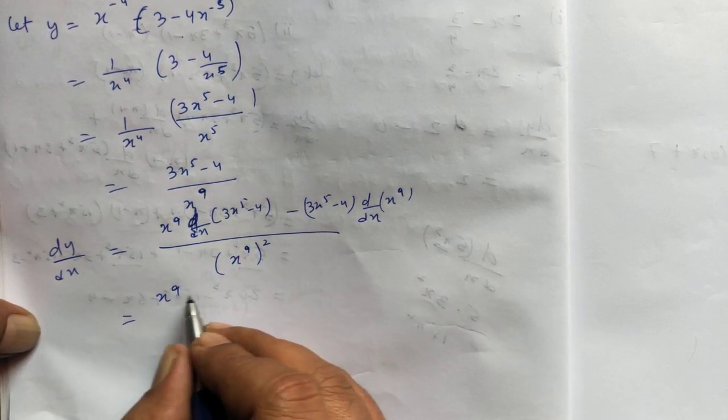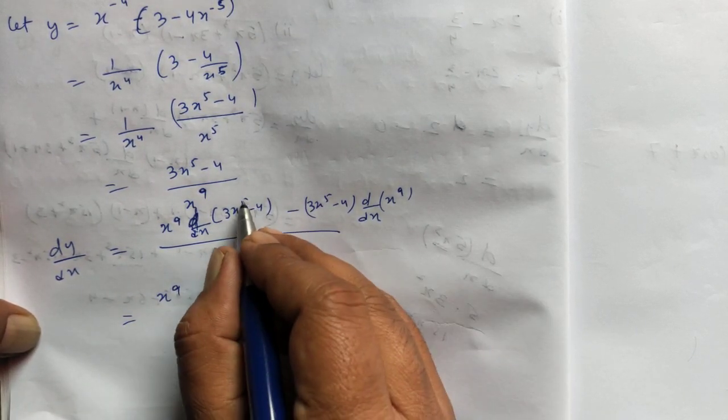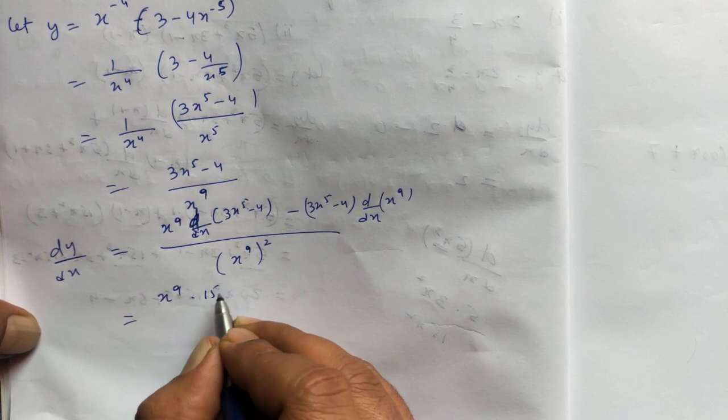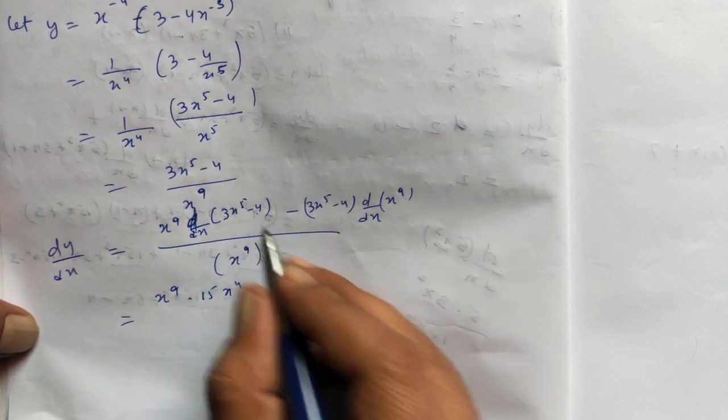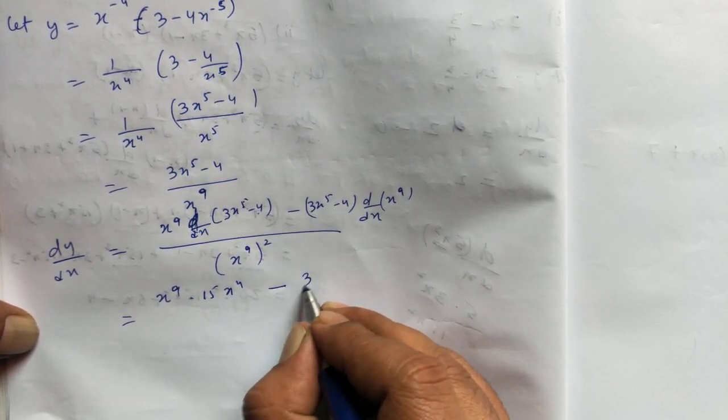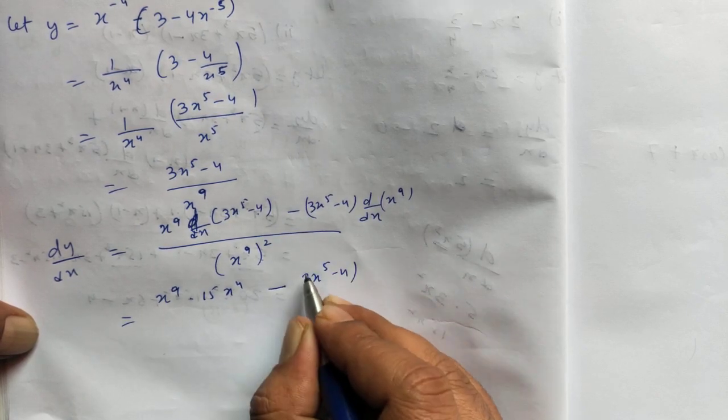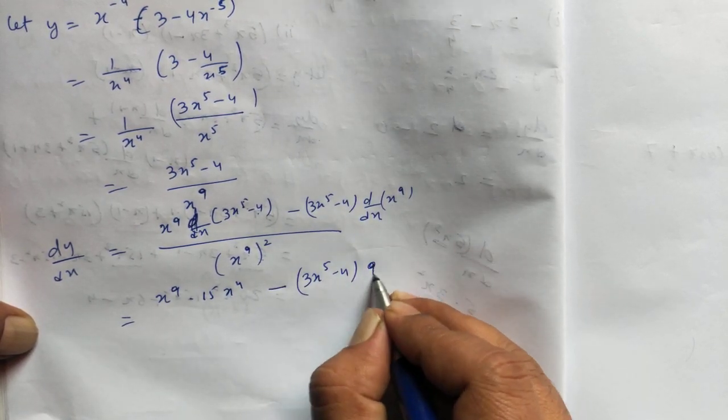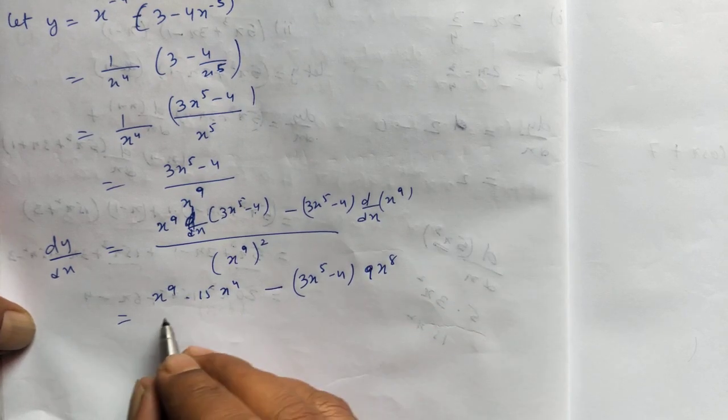When you derive this, you'll get 3 fives are 15x power 4. For this, no need to do constant. If you derive this, we'll get 9x to the power 8, 1 power less.